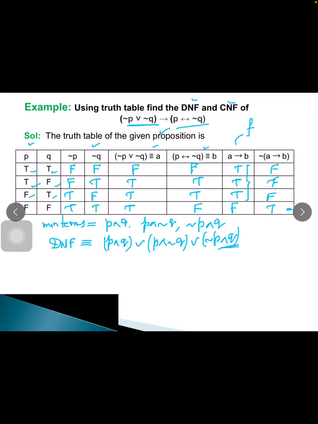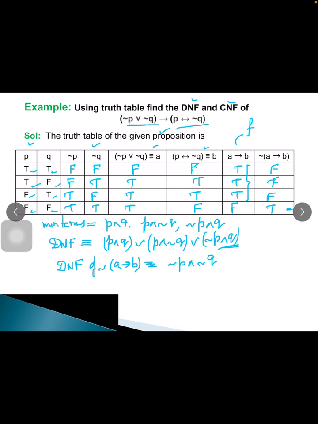This is for the DNF. Now we make the DNF of the negation of A implies B. What is the DNF of negation of F? It is false, false, so it becomes negation of P and negation of Q. This is the min term of the negation of A implies B.